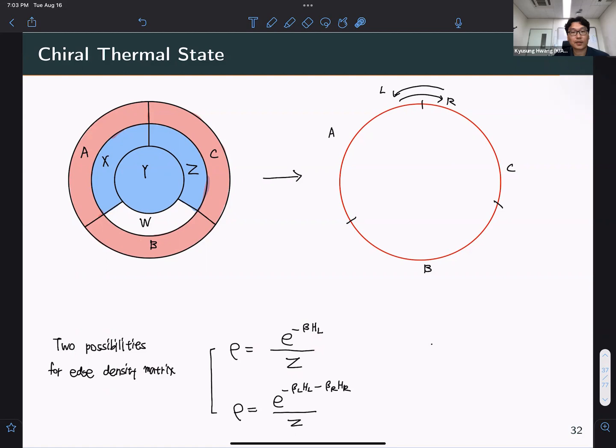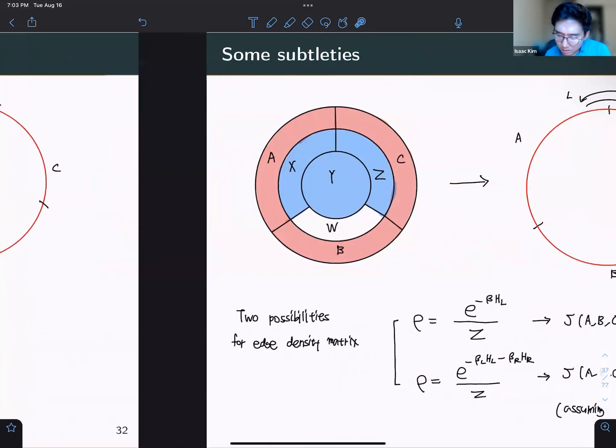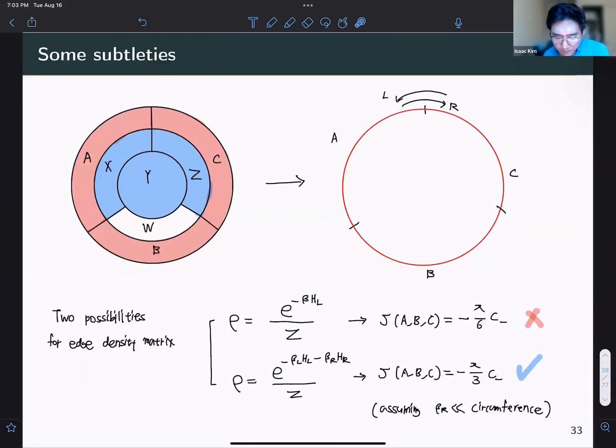Because the expectation is that the edge theory is a chiral CFT, there are actually two natural choices. One is the choice in which you have only a left moving mode, let's say, with a temperature of beta. And the other possibility is that you have both the left moving mode and the right moving mode with unequal temperatures, let's say beta left and beta right. It turns out that they give rise to different results.